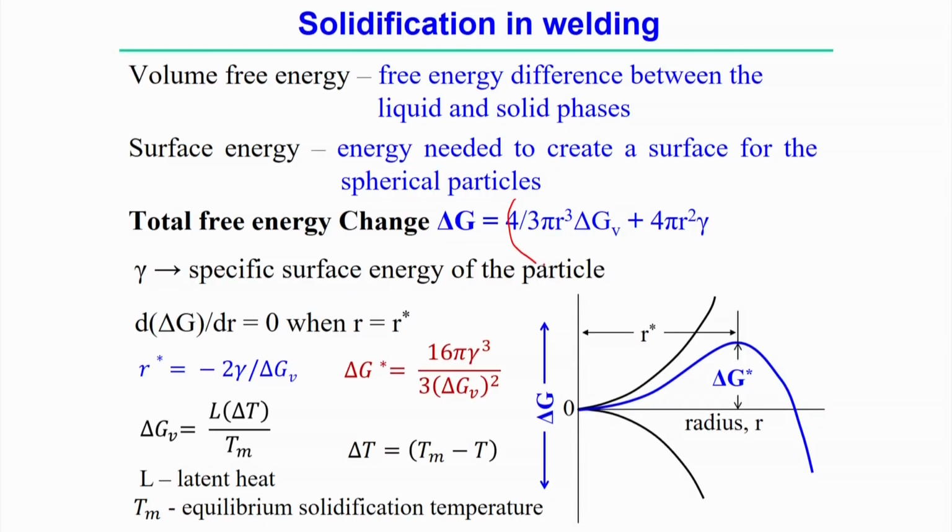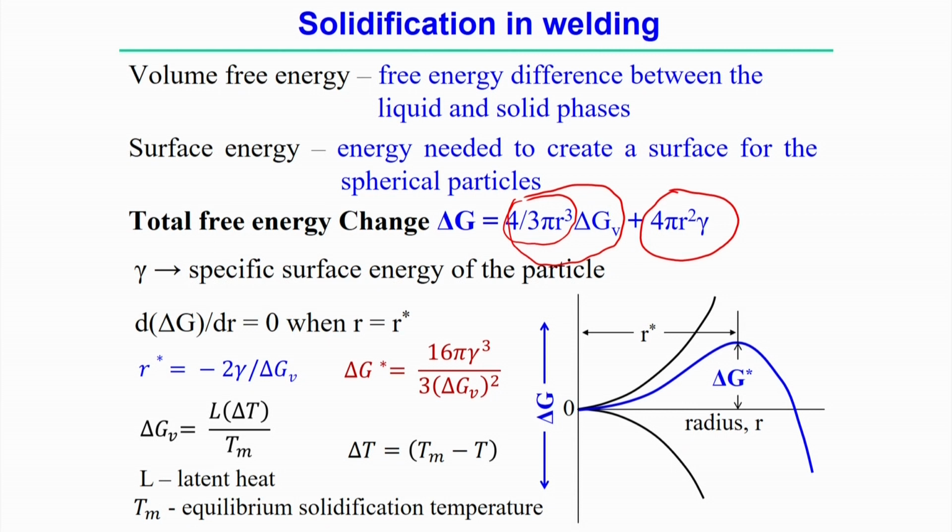One is over the volume, and the other is over the surface. The first component, 4 by 3 pi r cube, represents the volume of a spherical particle, and delta G V is the volume free energy, the change of free energy required to change from liquid to solid phase, per unit volume.